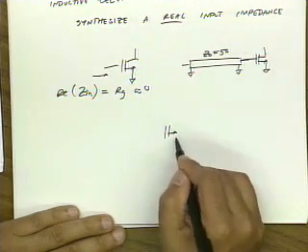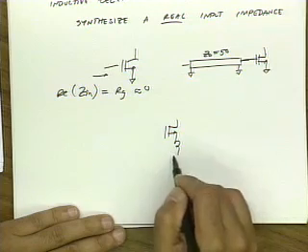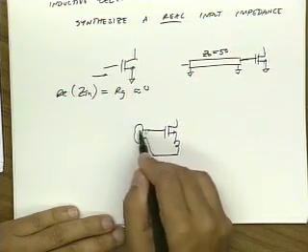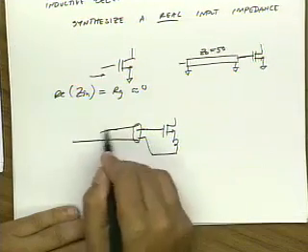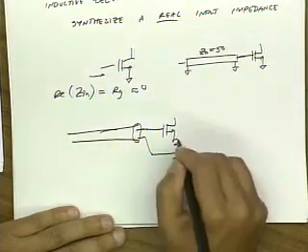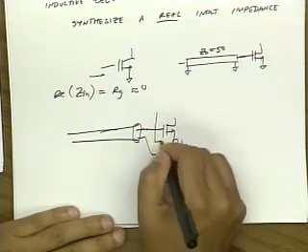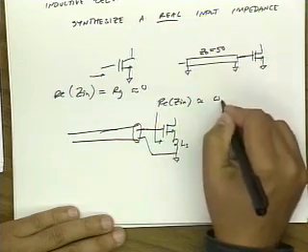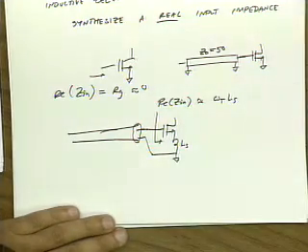So inductive degeneration lets you raise the input impedance to any value that you want. So this is LS. Now looking into here, the real part of Zin is approximately omega_T times LS.